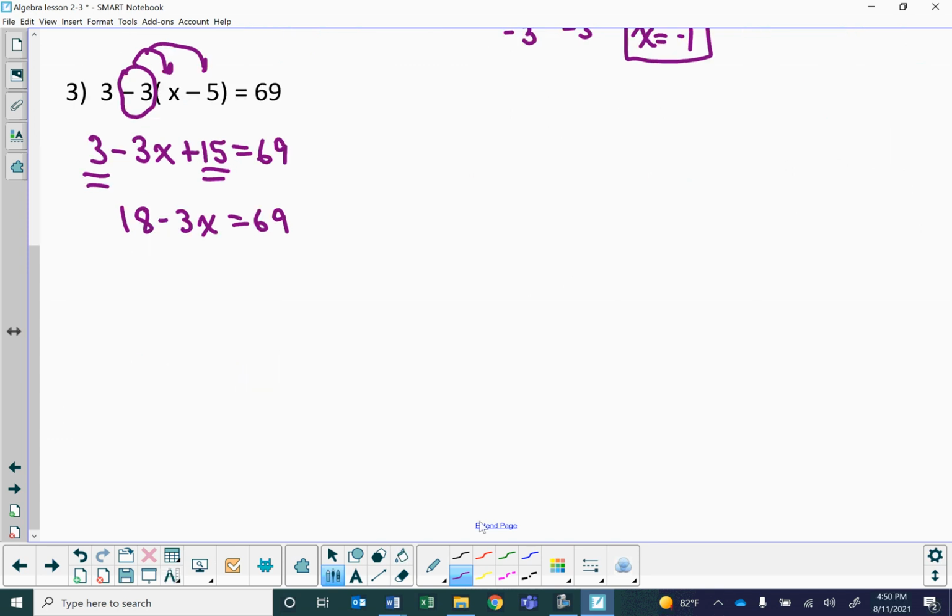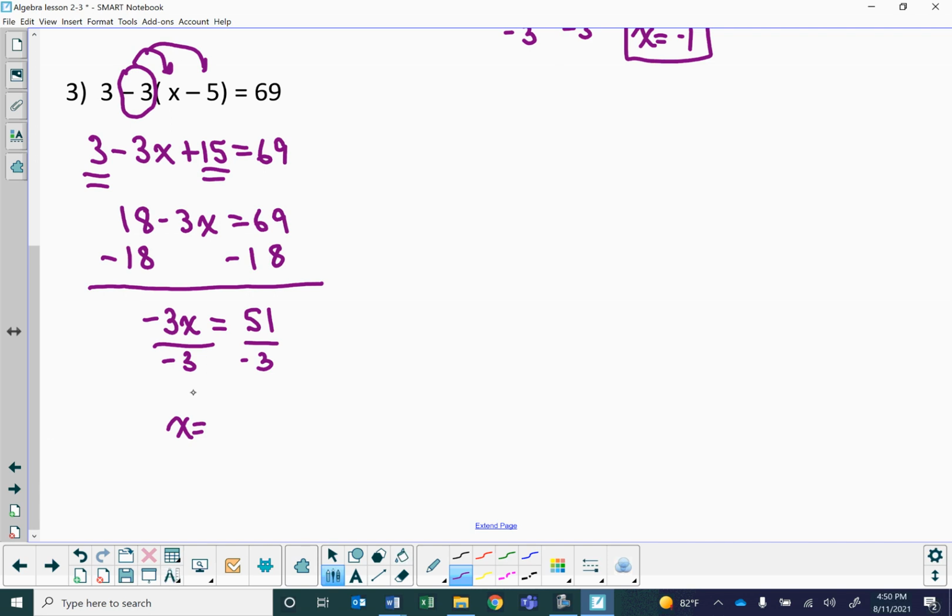Now we need to get x by itself, so I'll subtract the 18. Don't lose your negative sign on your x, so it's negative 3x equals 69 minus 18 is 51. Divide by negative 3, and x will equal negative 17.